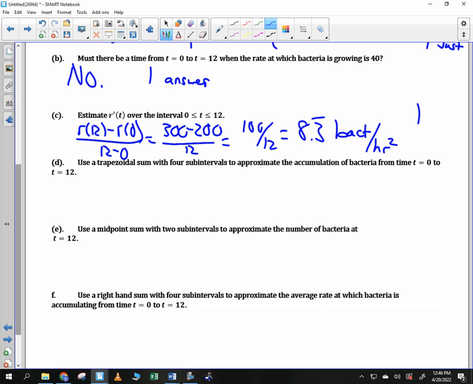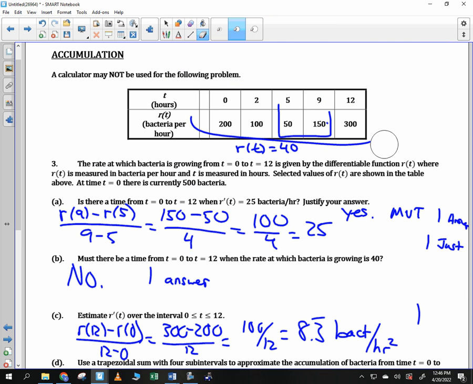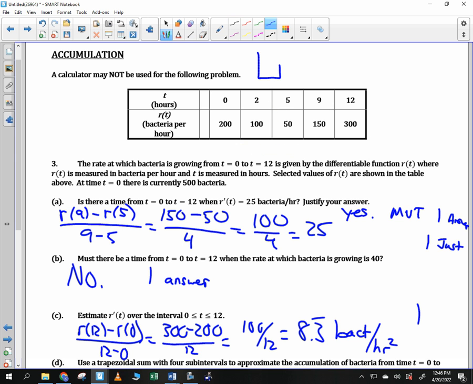Use trapezoidal sum. In order to do trapezoidal sum, I'm going to make 2 trapezoids so you can get the point here. What's going to be the width of this first trapezoid? 2, and what are the 2 heights? 200 and 100.